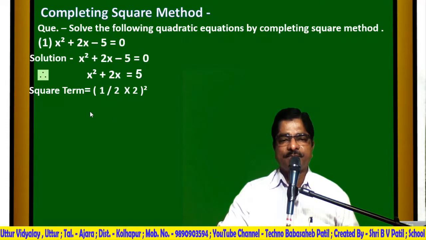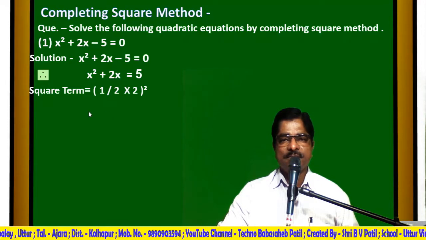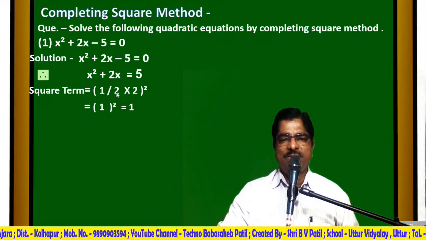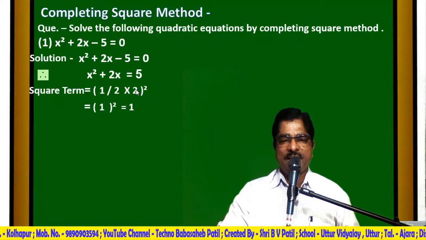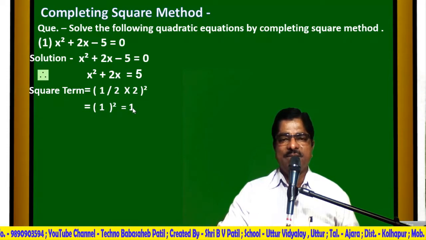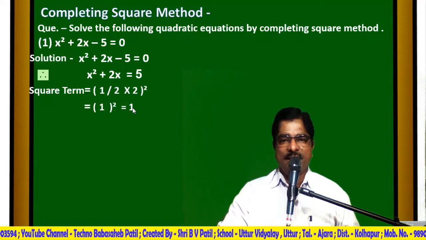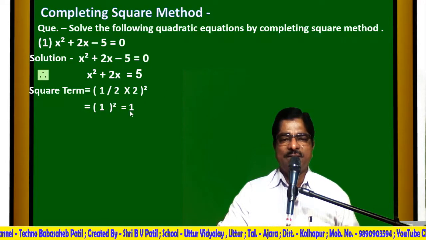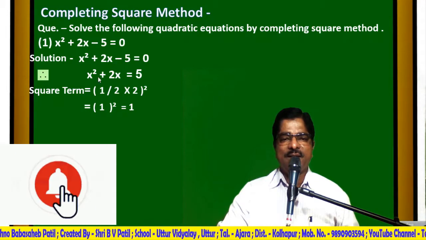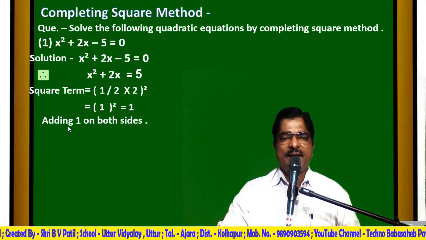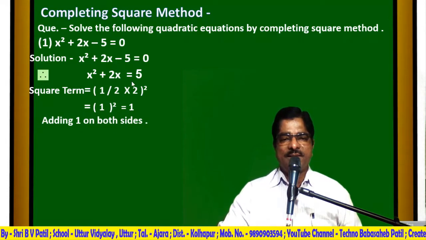The denominator 2 and numerator 2 cancel, 1 remains in brackets squared, and 1 square is 1. The next step is that the square term 1 is added to the LHS and RHS, adding 1 on both sides.